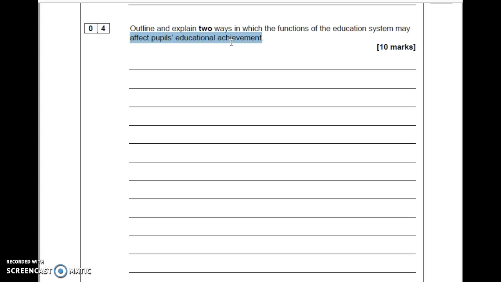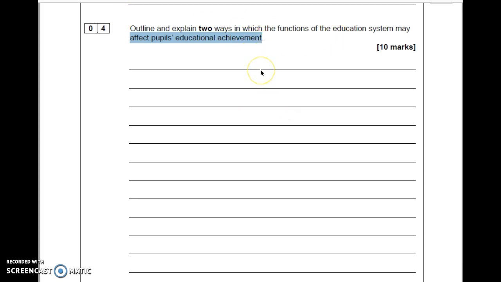Likewise, if you are talking about a feminist function, so the function of school is to reproduce patriarchy, then start to indicate why there might be gender differences in educational achievement and how it might cause girls to be high achievers, boys low achievers, etc. But just make sure that you are explaining both and you are linking both parts of the question together.